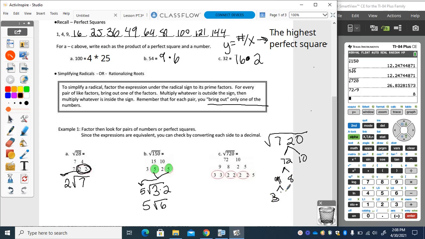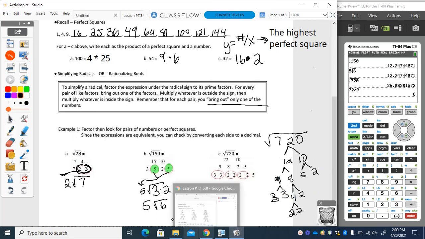And then we can simplify that 8 to 4 and 2. Is there anything else we can simplify? Yeah, that 4 to 2 and 2. Cool. So that is down to the primes. Now let's do 10. 10 we can simplify to 5 and 2.